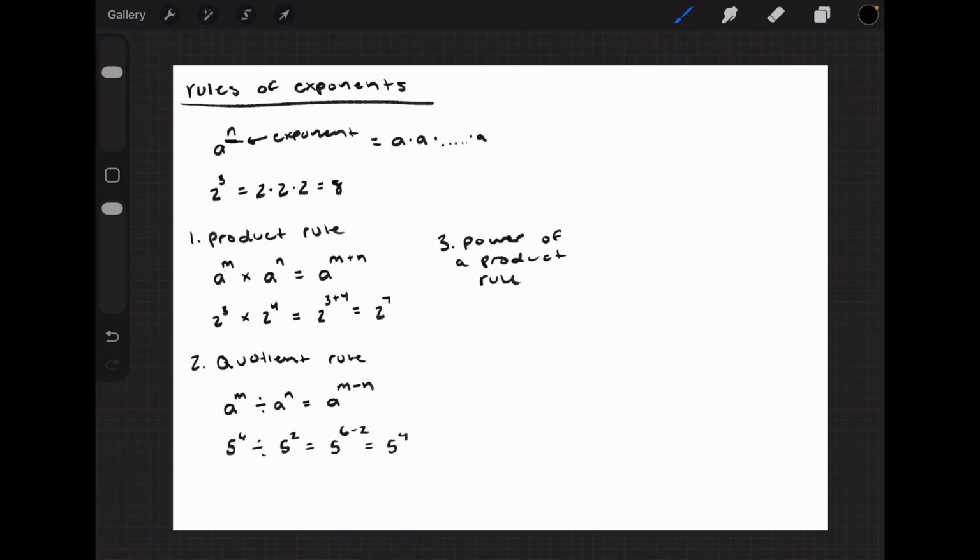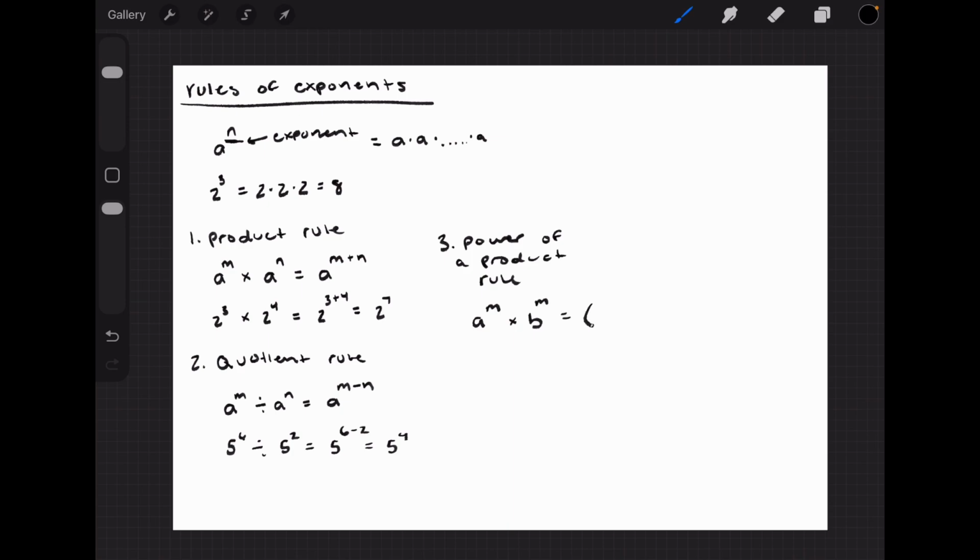Our next rule is the power of a product rule. In this rule, you would have different whole numbers. So we'll have a, and we can do m still, and you'll multiply them, and we'll have b be our next natural number. However, they share the same exponent value.